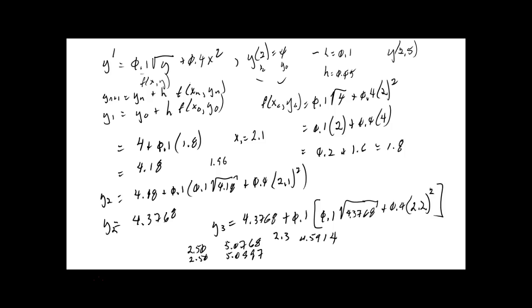That takes 5 steps to get from 2 to 2.5. That's what we're gunning for, y of 2.5. It took you 5 steps to get there, and you got this answer. Using h of 0.05, it's going to take you 10 steps, because you're only doing half as far each time. But you come out with a better approximation.